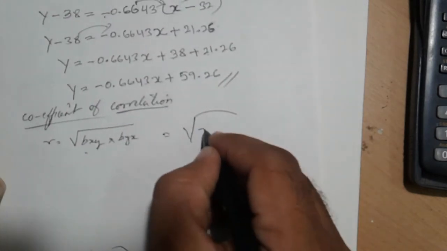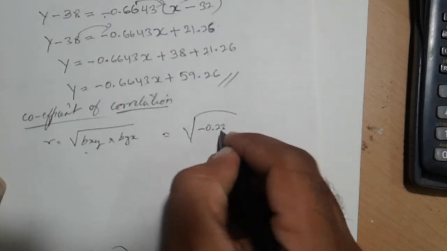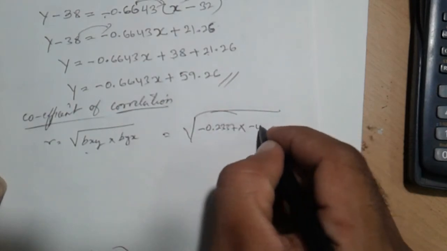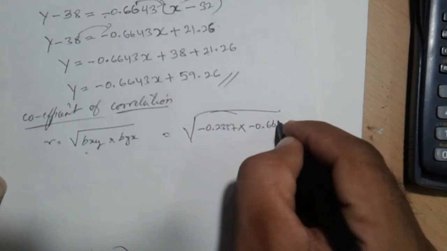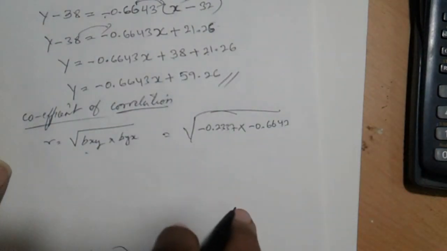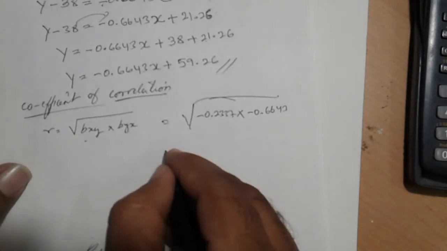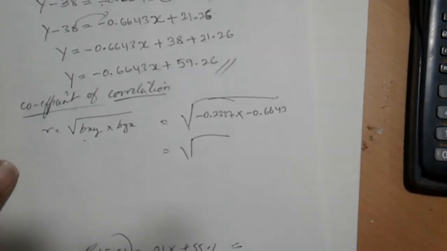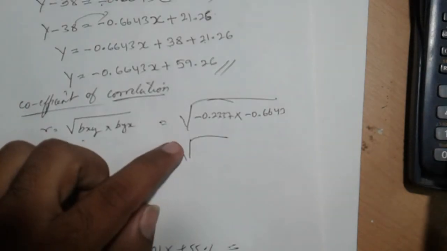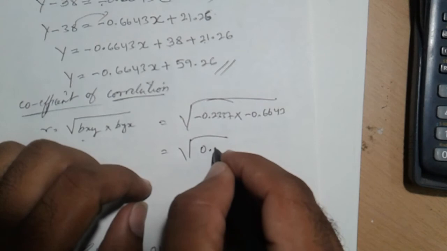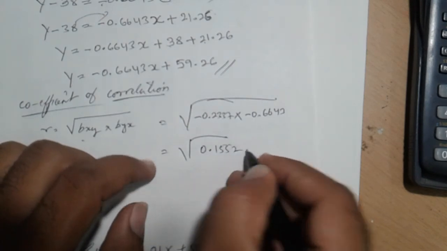We are getting minus 0.2337, and y on x, minus 0.6643. Both are minus, so if you multiply it will become plus. And what is the answer? 0.2337 into 0.6643 is 0.1552.